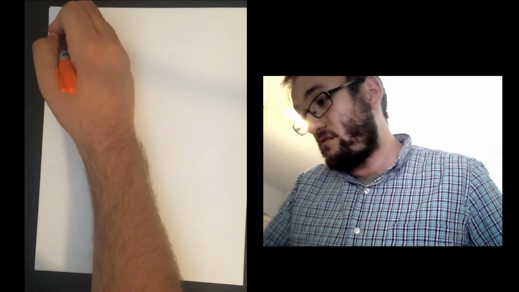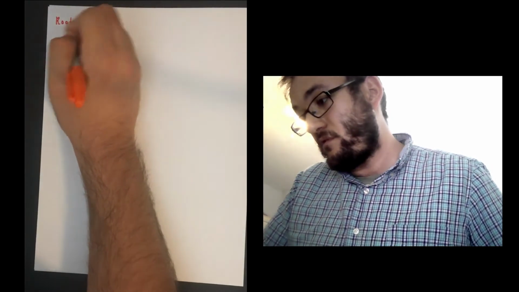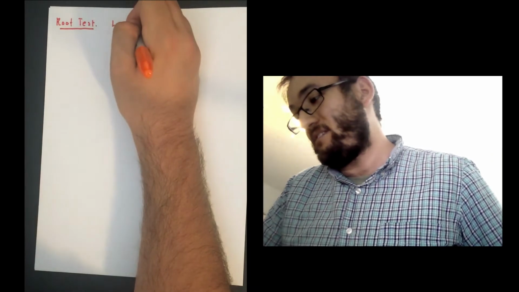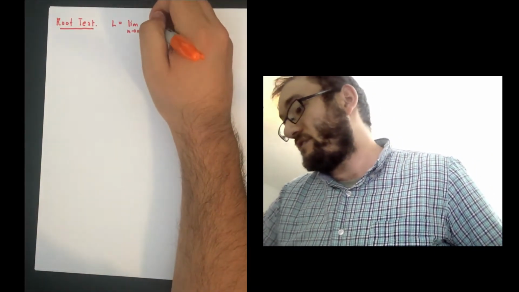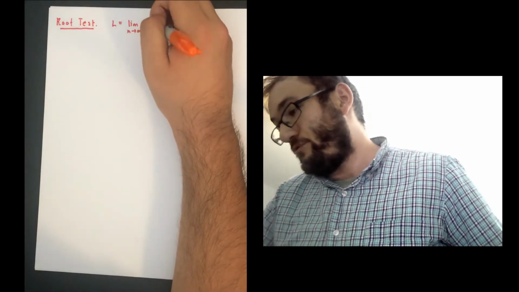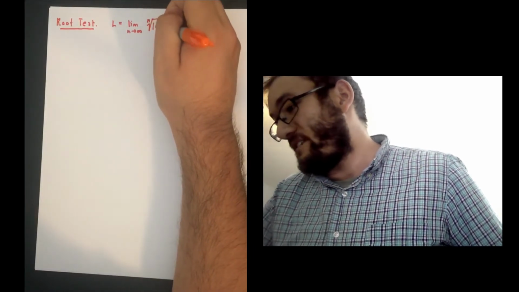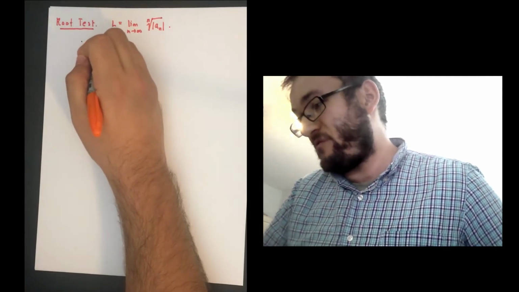Okay, so those are two applications of the ratio test. Similar test called the root test. Okay, let L equal the limit as n approaches infinity of the nth root of the absolute value of a sub n. Okay? Then there are three cases as before.